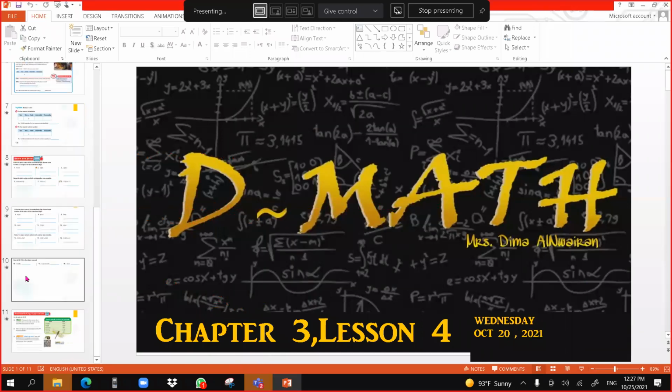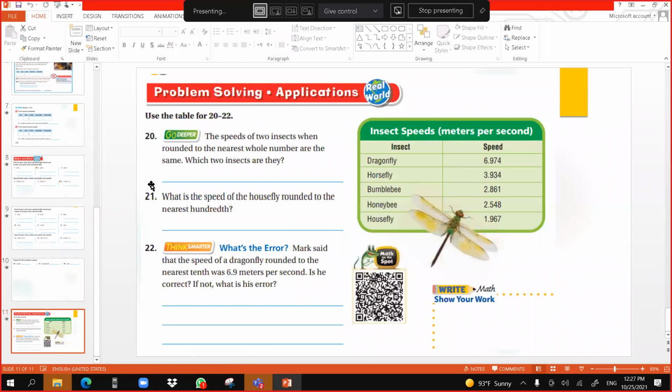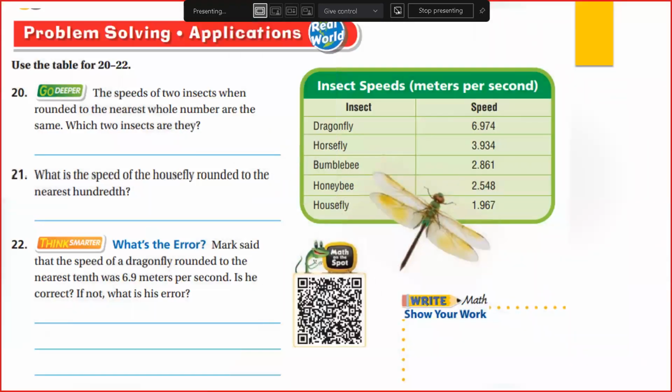Is it right? We solved these examples, but we stopped here. 172. Okay, now here. The speeds of two insects when rounded to the nearest whole number are the same.